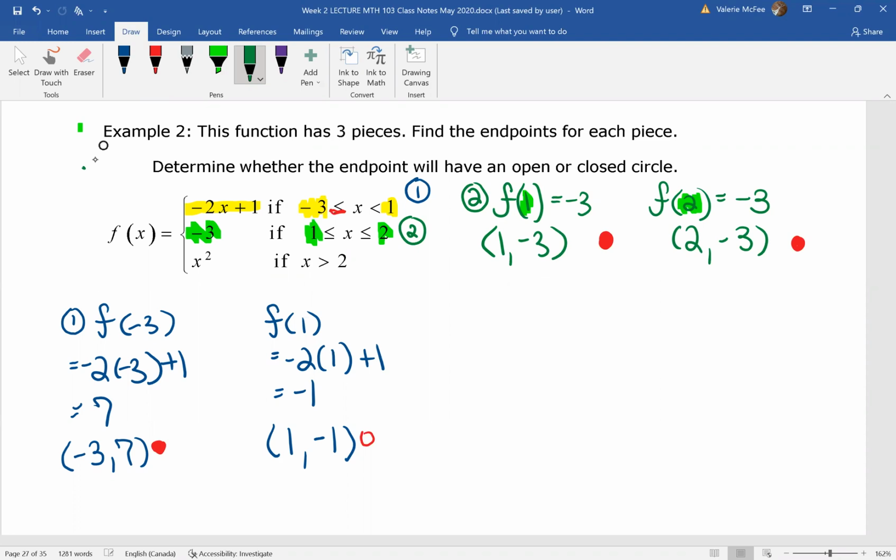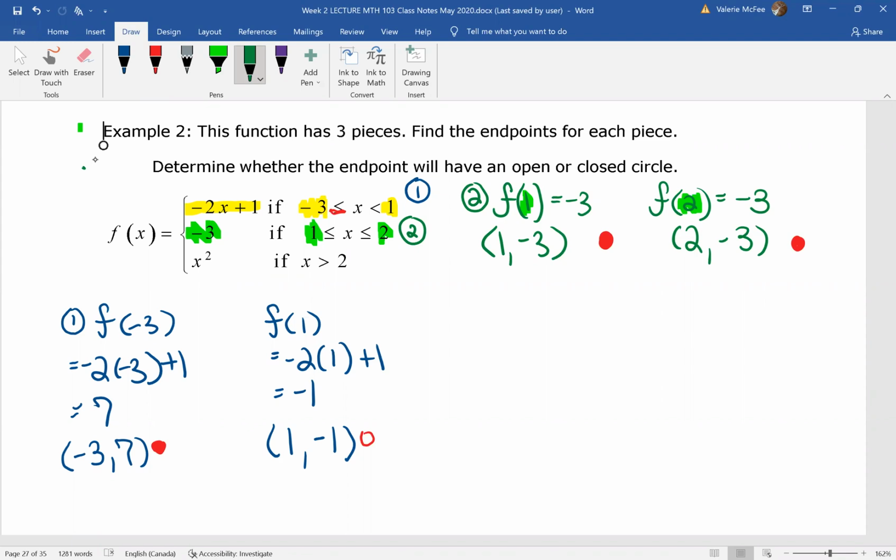Both of them require a closed circle because I see that x could be greater than or equal to 1. x could be less than or equal to 2. We needed closed circles. Pause your video and find the endpoint for part 3 and whether or not it will have an open or closed circle.